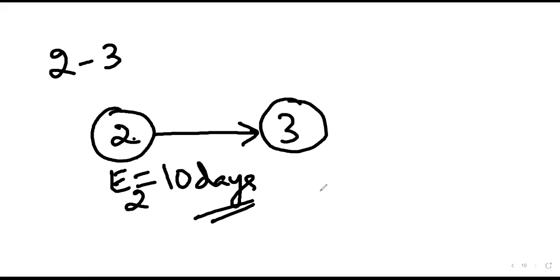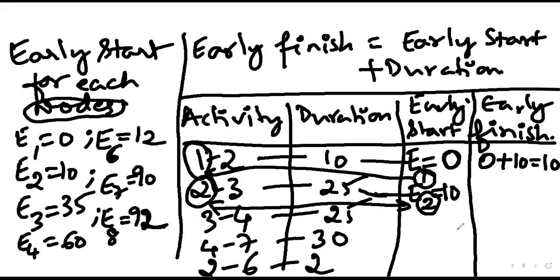Okay, sir. This is how we are supposed to calculate. Okay, any other doubts? So we have to see the starting point of the activity we observed, and the early start of that particular node, the early start of that activity.